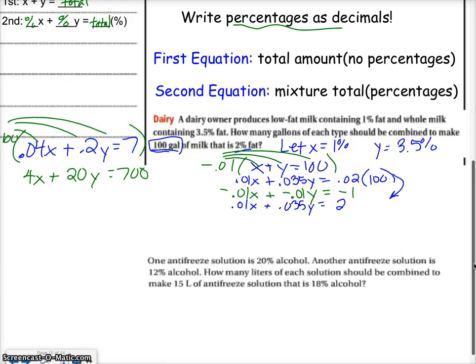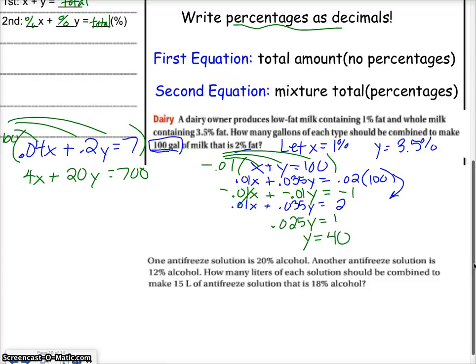And then we can combine it. Cancel. Negative 0.01 plus 0.035 is 0.025y equals, negative 1 plus 2 is 1, divided by 0.025 is 40.